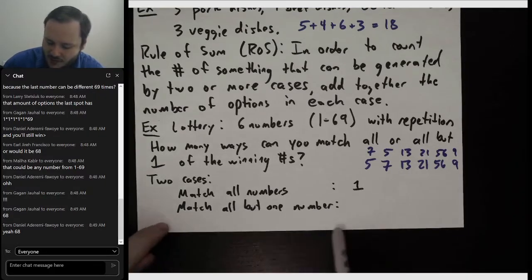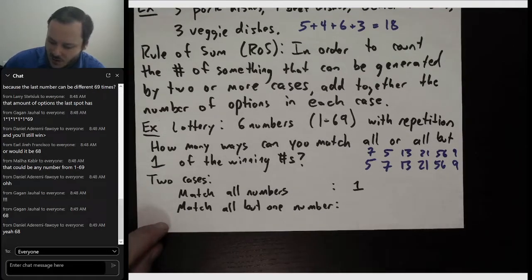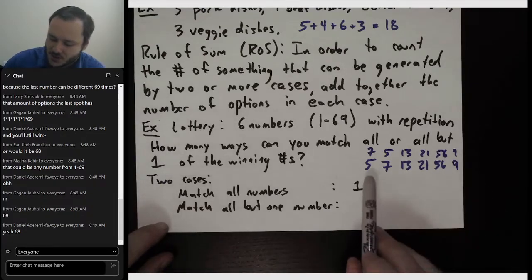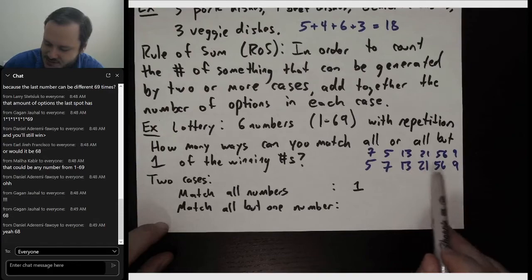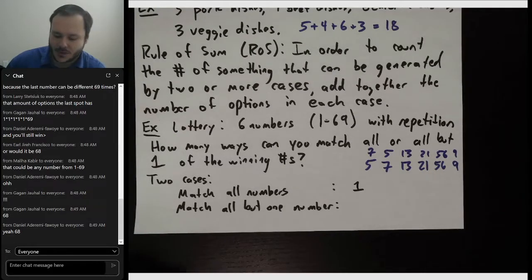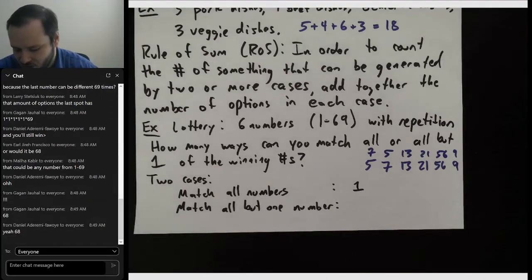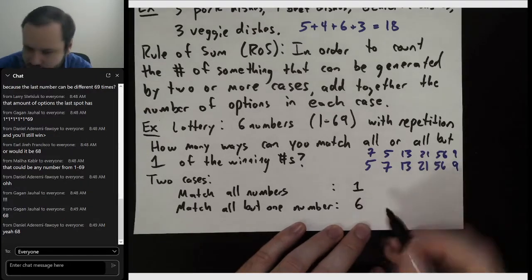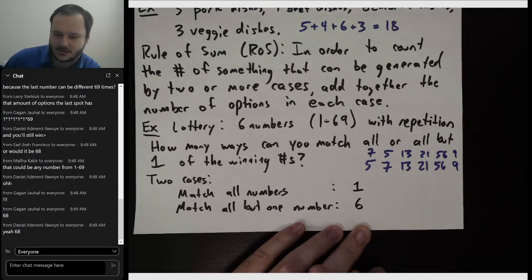So now if order matters, there are 68 ways for your number to not match. But there's also 6 positions where the non-matching number can happen. So we've got a rule of product thing going on. Step 1, pick a position that doesn't match. 6 options for that.